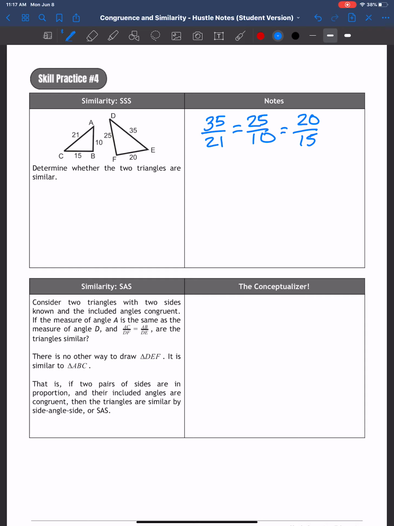So, how do you simplify that fraction, right? So, 35 over 21. Does 7 go into 21? Yep, we know it's 3. Does 7 go into 35? It's 5.